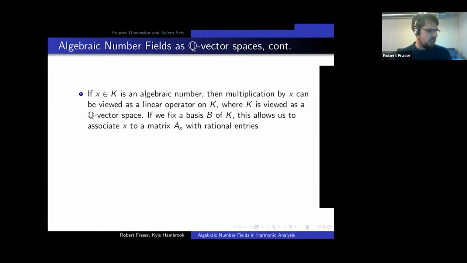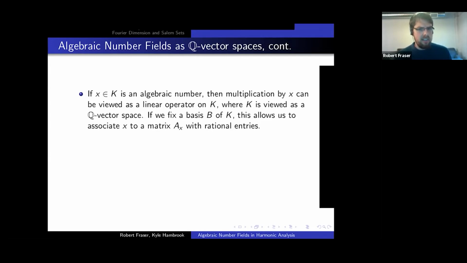One other thing that's useful for us is that you can view multiplication as a linear operator. So if you have some element x of your algebraic number field, you can view it as a linear operator on K, where you view K as a Q vector space. So if you fix a basis of K, it allows you to associate an element of your algebraic number field to a matrix with rational entries.